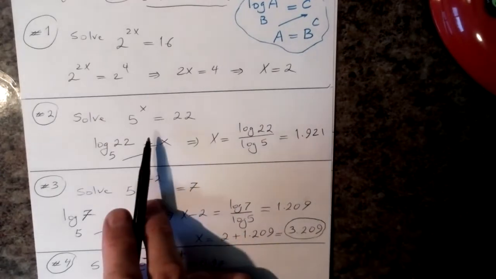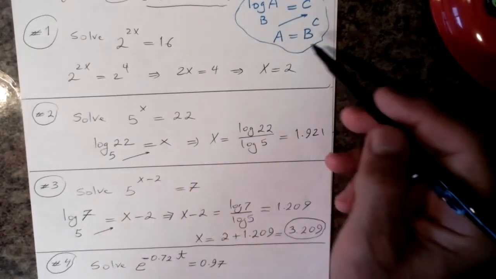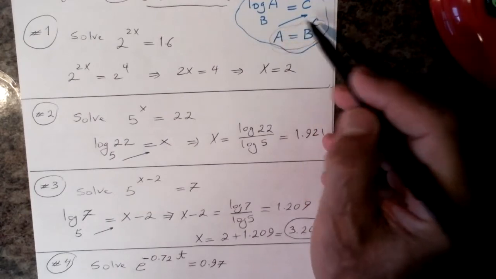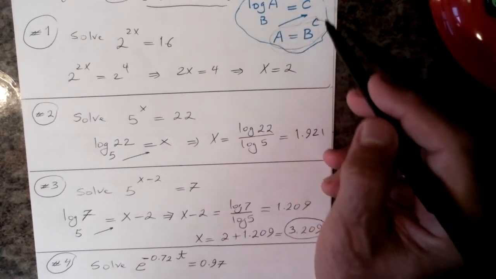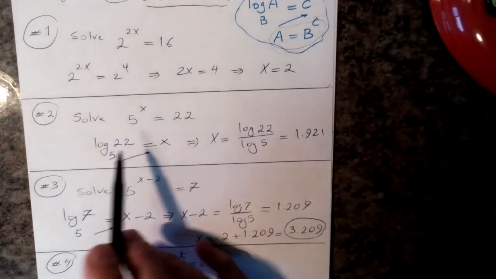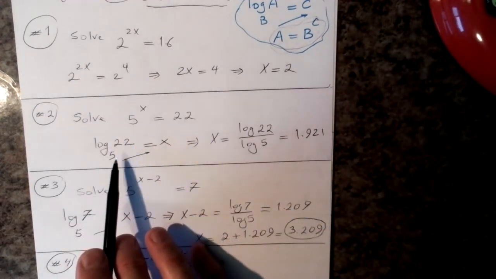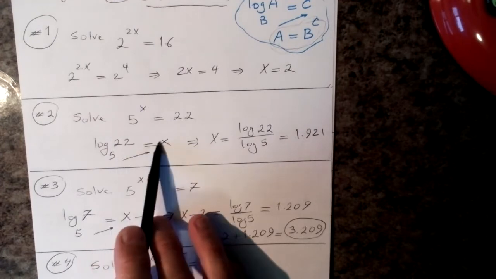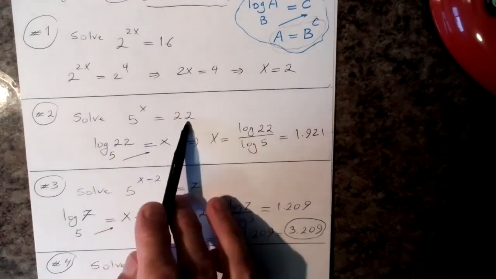Now for this one, we do it backward, meaning you already have this part, and you want to change it to that. So log of 22 with base of 5 is equal to x, because 5 to the power of x is 22.